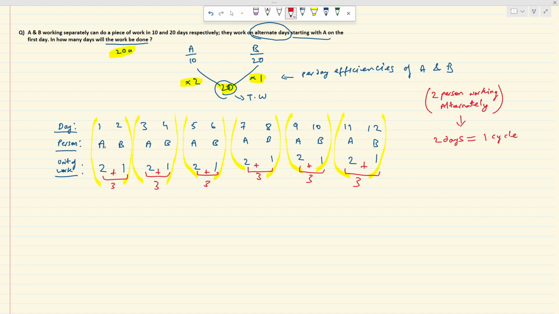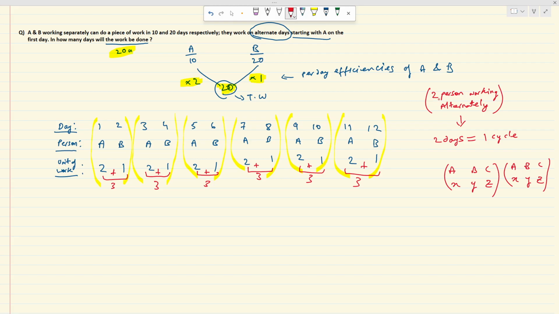And in one cycle, why 2 days? Because there are two persons. If there were three persons working alternately, then A, B, C would be working some units X, Y, Z of work, and that would be one cycle. Again A, B, C would work alternately, A working X units, B working Y units, C working Z units.